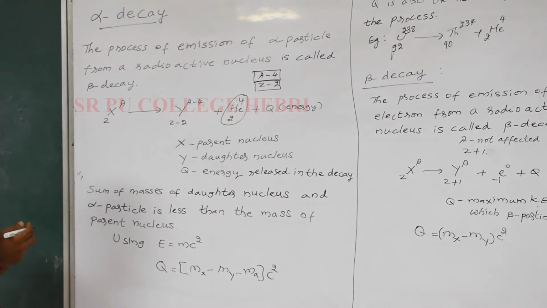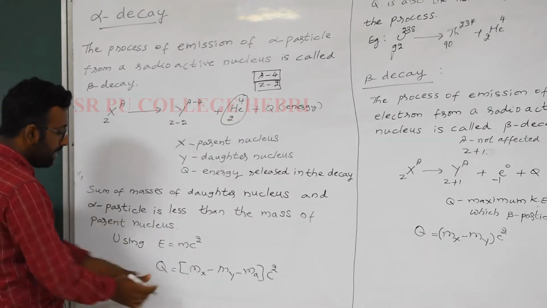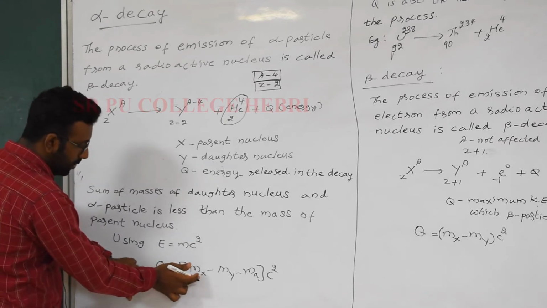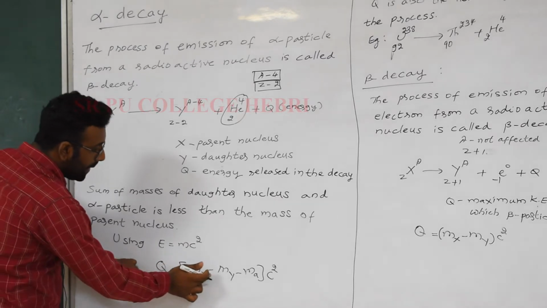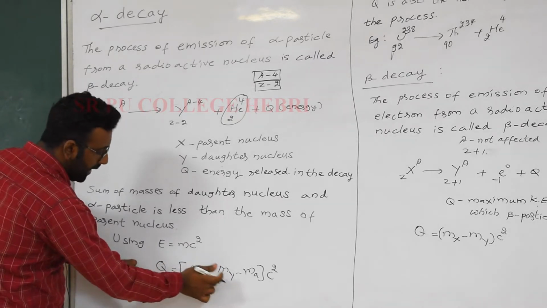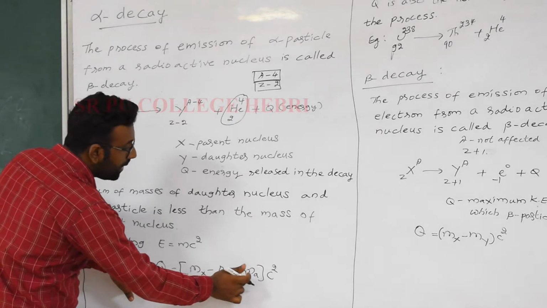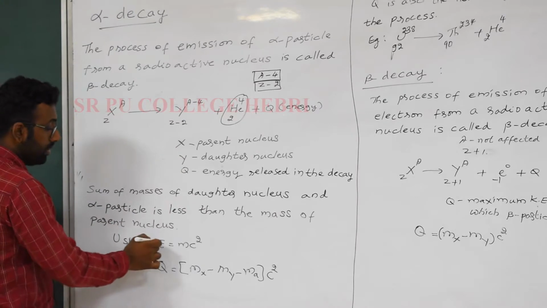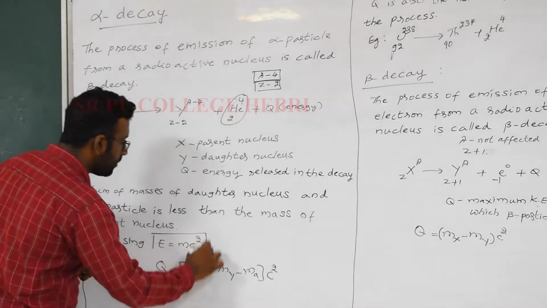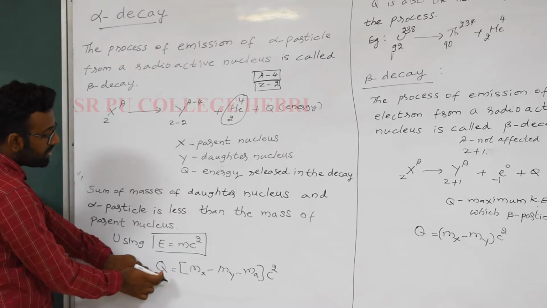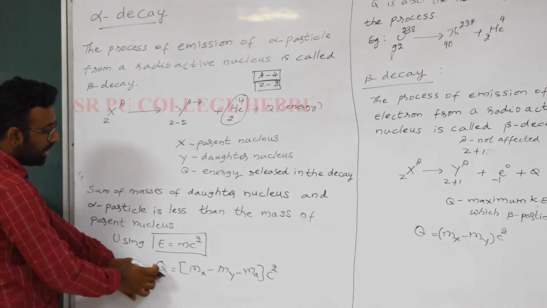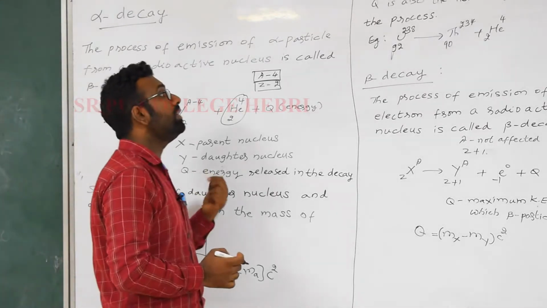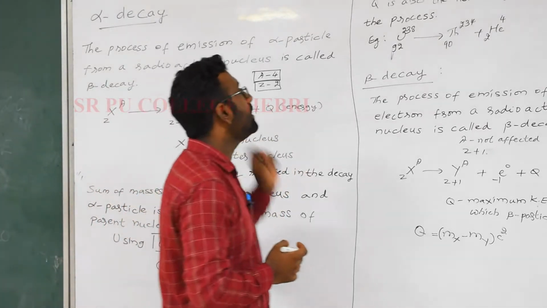Using E is equal to mc square, the energy Q is equal to the mass of the parent nucleus, mx, minus the mass of the daughter nucleus, my, minus the mass of the alpha particle, into c square. So according to Einstein's relation, this is the energy relation for this reaction. Q is also called the net kinetic energy gained in this process.